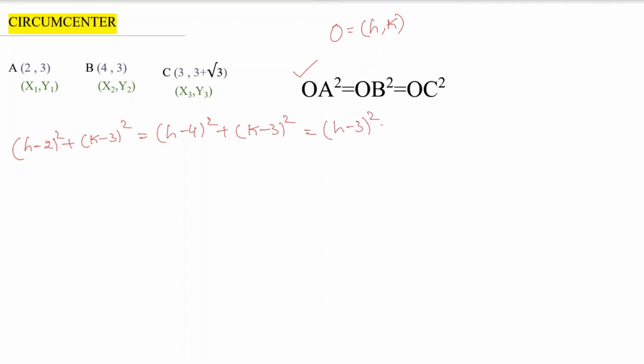that is (h minus 3) whole square plus (k minus 3 plus root 3) whole square. Expand this.